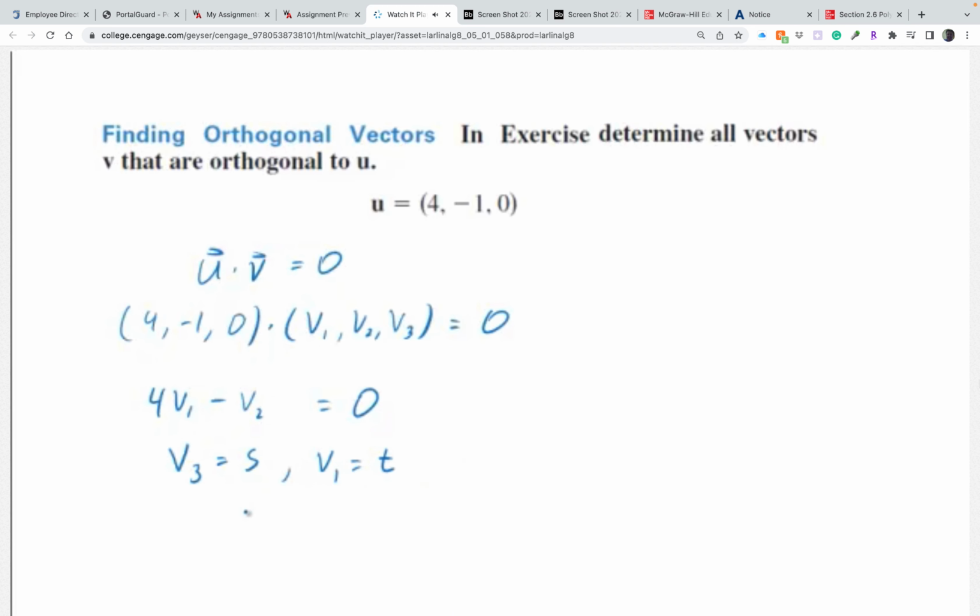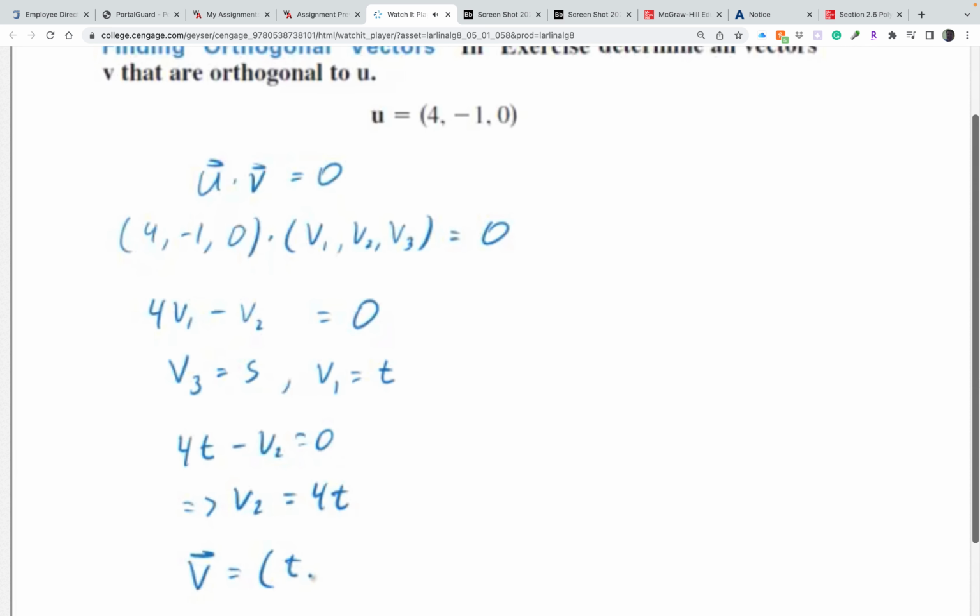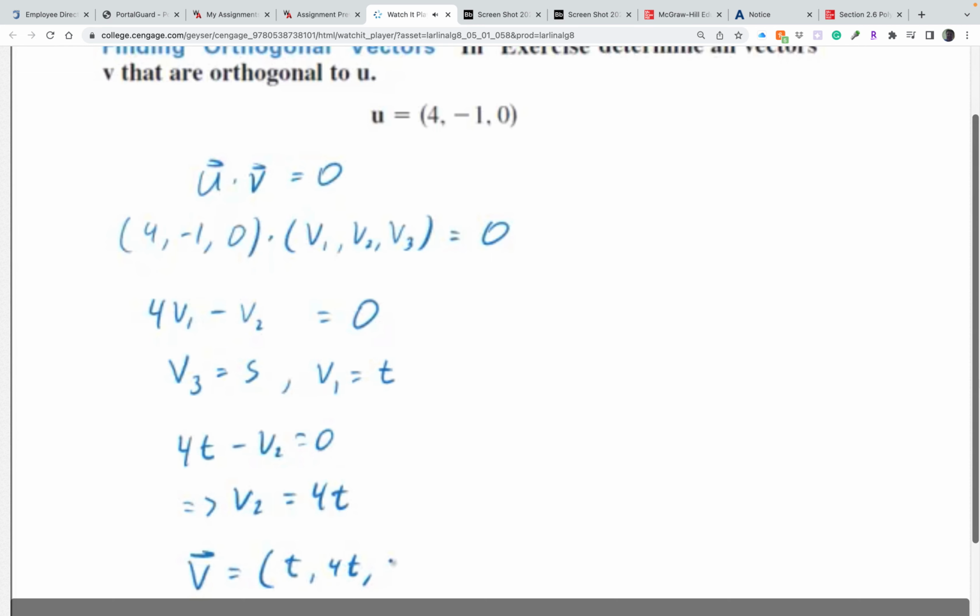So doing that, we will get 4t minus v2 is equal to 0, which implies that v2 is equal to 4t. Therefore, we have that the vector v should be equal to t, 4t, and s, where s and t are elements of the real numbers.